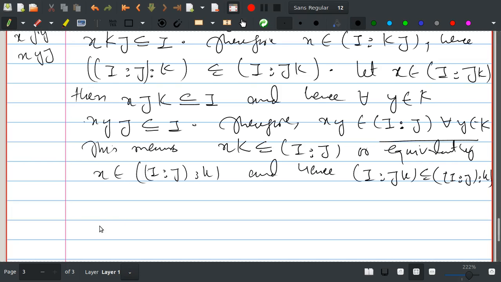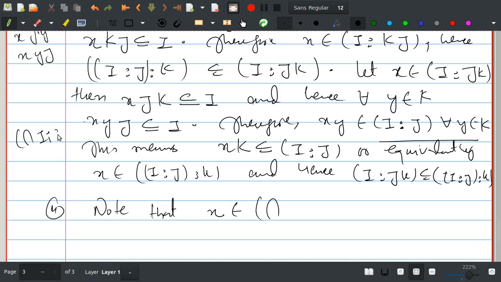So this proves the third item. Finally we have the fourth item. Note that we have to prove that the intersection of the I_i : j is actually the intersection of the I_i, colon j, where this intersection runs over i.